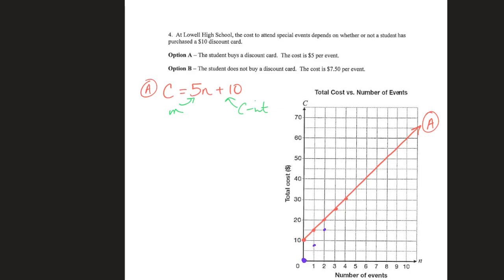So if I connect all of those with a line, then there is option B. And as I said earlier, it kind of screams at me to want to build an equation. So my C is going to equal, well, my variable cost now is $7.50 per, and I have no fixed cost. There would be my equation.